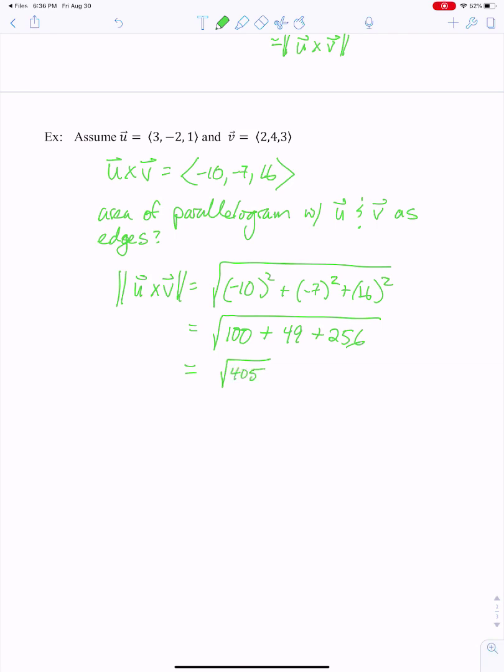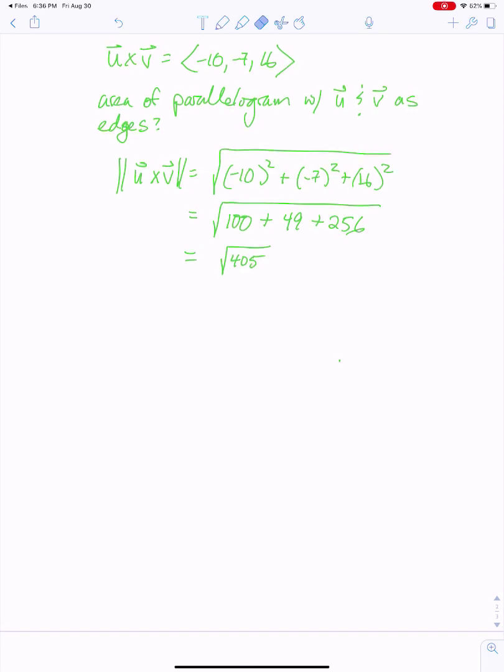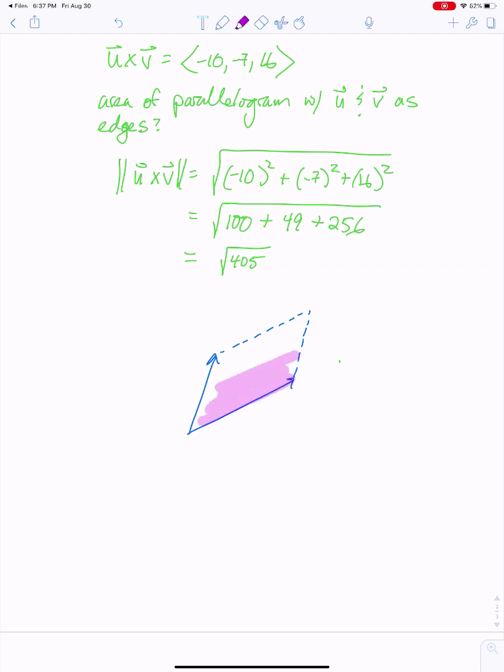And I'm sure that's what you were thinking it probably was. Okay, so what does that mean? That means we have two vectors which are possibly pointing in different directions in weird ways. But if we were to take a copy of u and a copy of v, then what we've found is the area of the parallelogram with edges formed by u and v is the square root of 405.